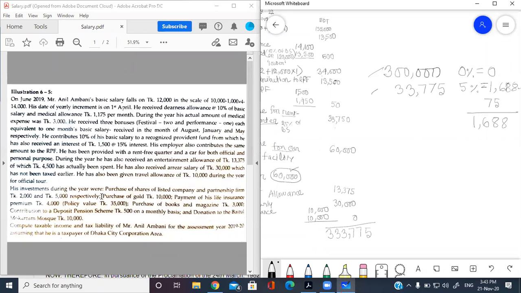From our previous session, I think it is very clear already that partnership fund is not an investment from which you get tax exemption. Rather, if you have shares of listed company, you make investment in the income year, you can get the investment allowance. So how much is that amount? 2000. So have you got it? This is not an eligible amount.